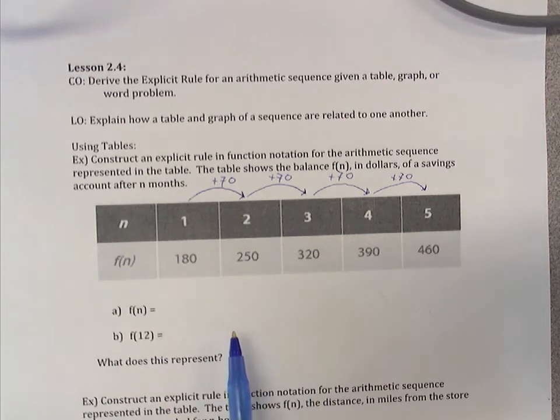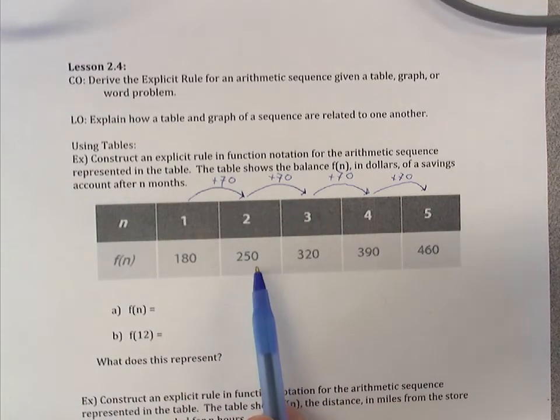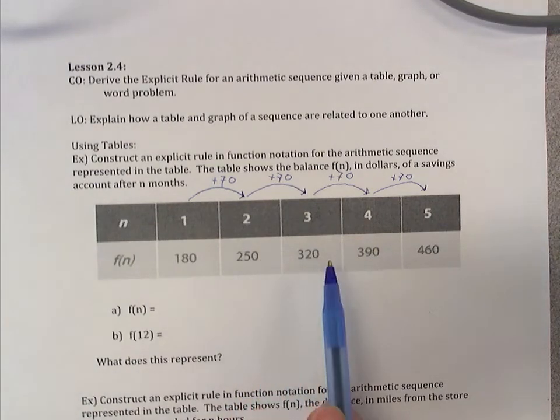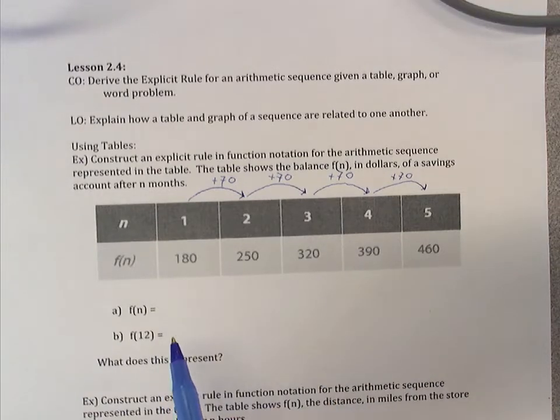So we want to have a function that's going to express for us exactly what's happening from month to month, but we don't want to have to do this addition each and every time. Like, what if we wanted to know how much money is in the account after 10 months or 12 months or maybe even 30 months? So we'd want a function that would show that.